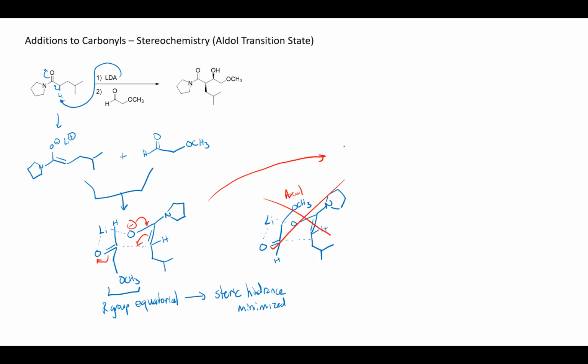So by placing the R group on our aldehyde in the equatorial position, we've set ourselves up to look at the stereochemistry of our product. Hydrogen is axial, the OCH3 group is equatorial.